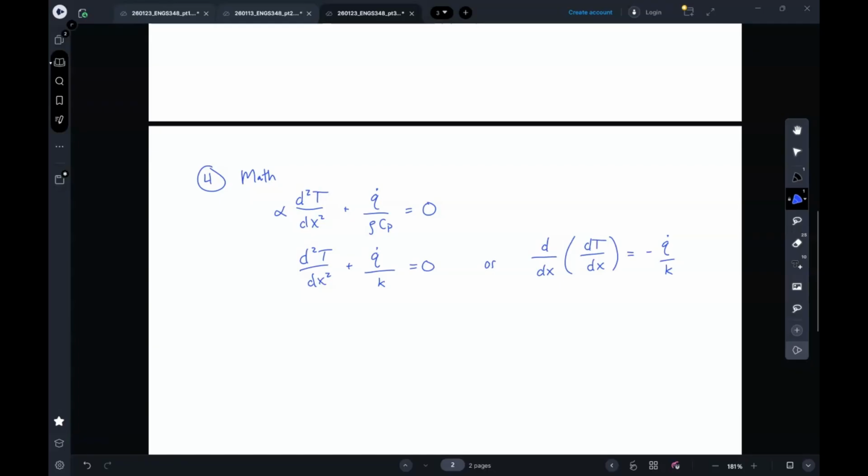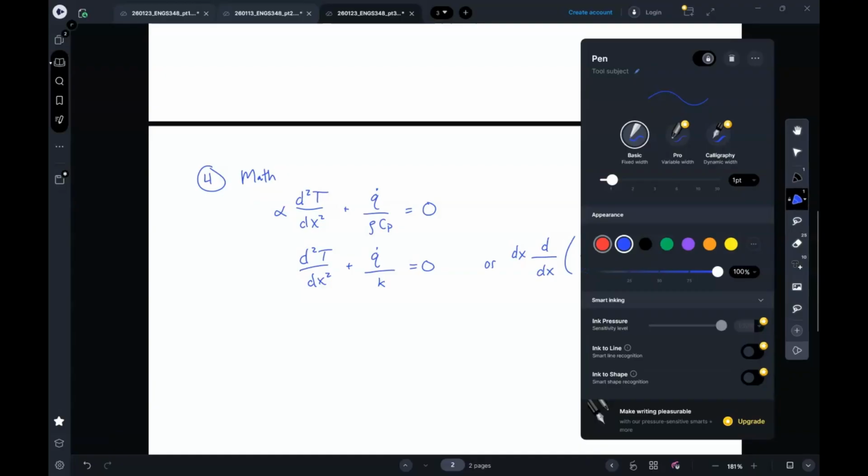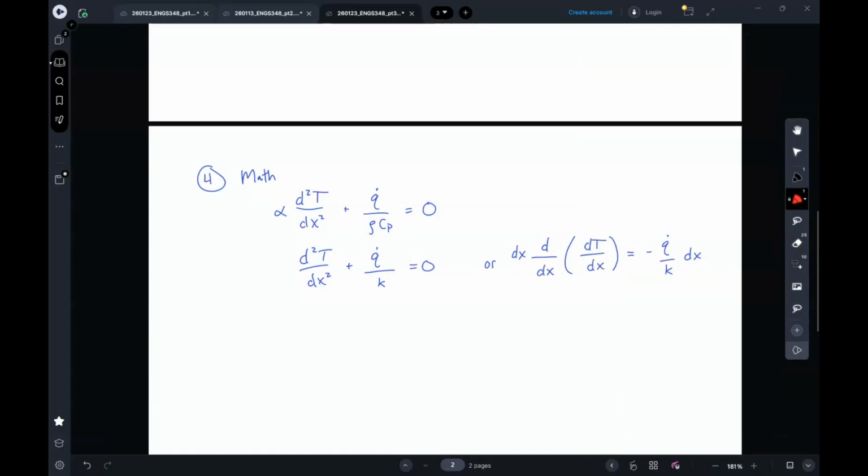All right, so then what we can do is just multiply both sides by dx. So this feels wrong, but dx is just a little number. It's a number, it's just small. So if we multiply both sides by dx, this dx cancels out that dx, and we no longer have any dx on that left side, but now we have it over there on the right-hand side.